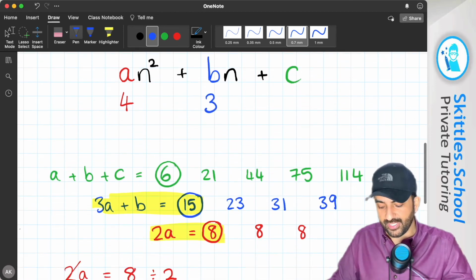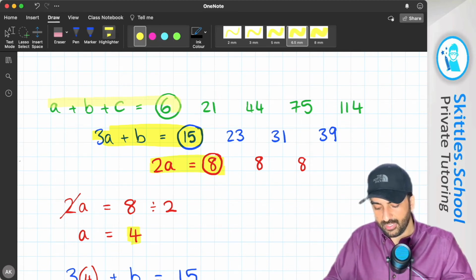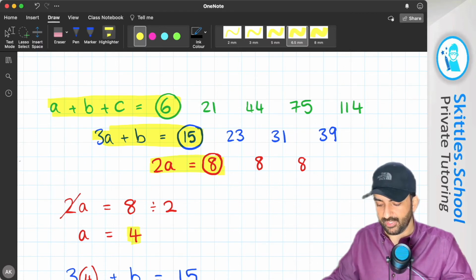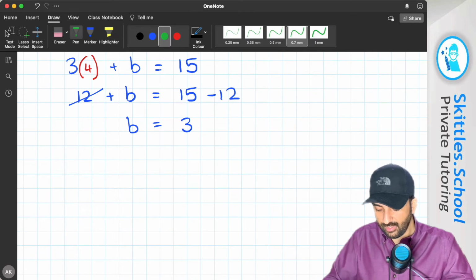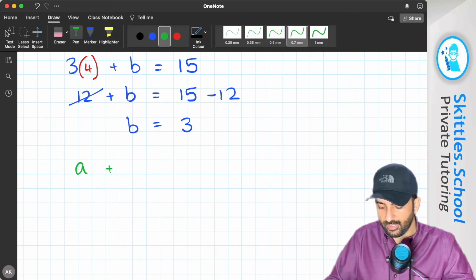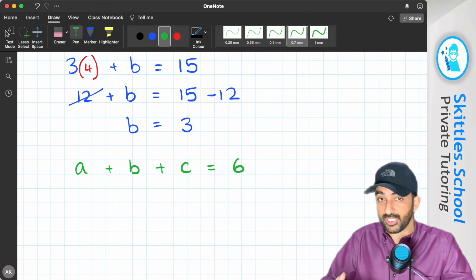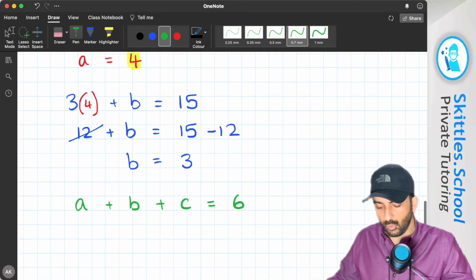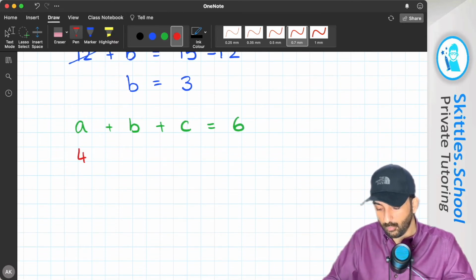Last, we have to work out c. And again, we know that a plus b plus c is equal to 6. Well, we've already worked out a and b. We worked out that a is 4. We worked out that b is 3.